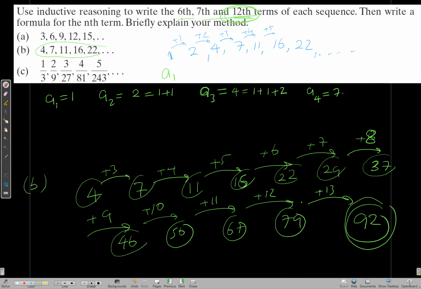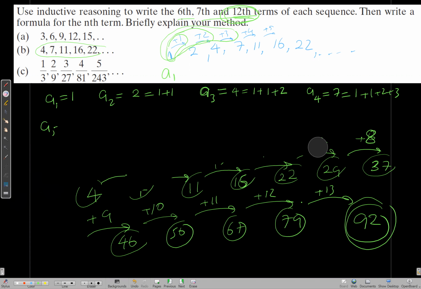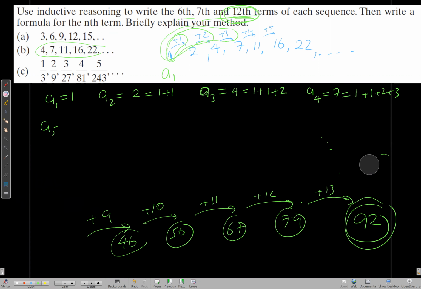A4 is 7, that is 1 plus, see what I'm doing, 1 plus this, I'm choosing this path to get to this. So 1 plus 1 plus 2 plus 3. Now we have a pattern. A5 is this 11, and it comes using this direction, starting from here, keep adding the next numbers.